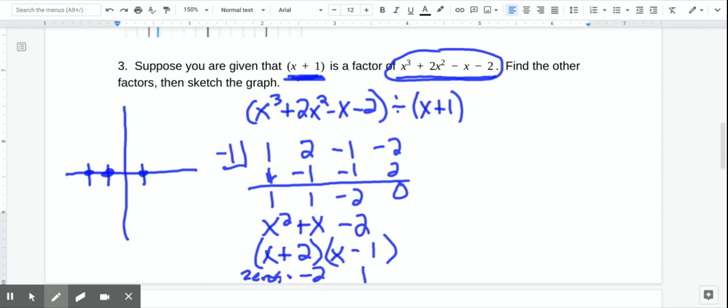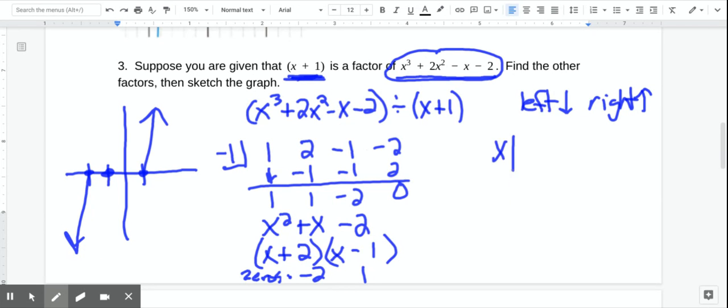This is a degree 3. It's got 3 intercepts. It's degree 3, so we know the left and the right hand end behavior. Degree 3 with a positive leading coefficient, the left is going to be going down, the right is going to be going up. So we know that. And then to finish this out, we could set up a little table of values and plug in like -1.5.